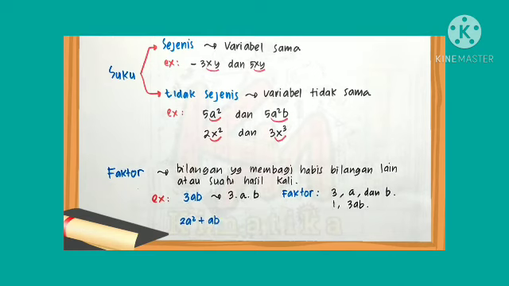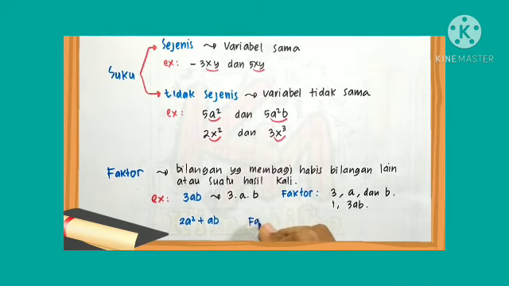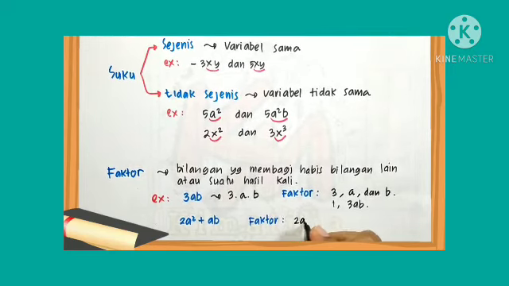And number 2, the factors of 2a power 2 plus ab: it can be divided by 1 and also by a. So the factors of 2a power 2 plus ab are 1 and a.